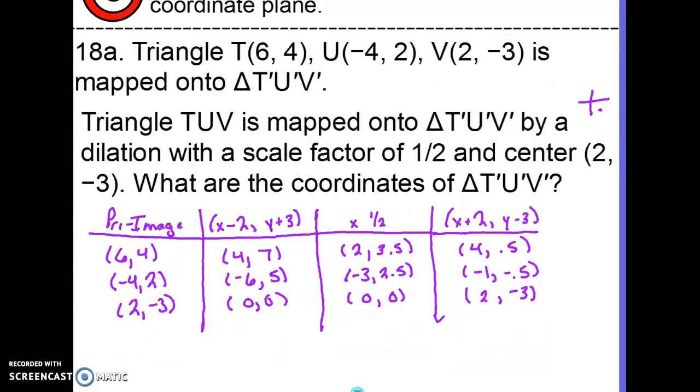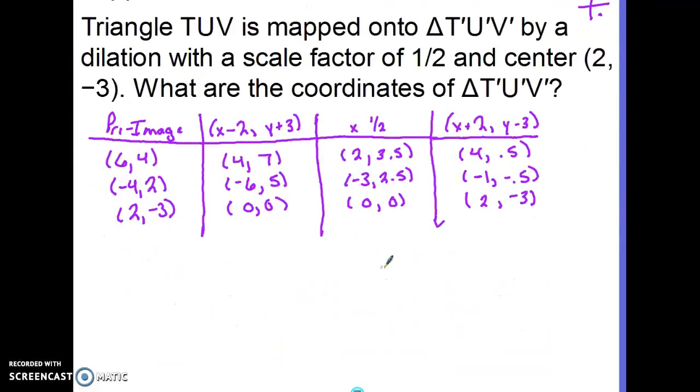Okay, I can graph it real quick if I wanted to get an idea. So if I do a quick sketch of this graph, the original figure was at 6, 4, negative 4, 2, and 2, negative 3. And by the way, you don't have to sketch this graph. This is just for illustration purposes.